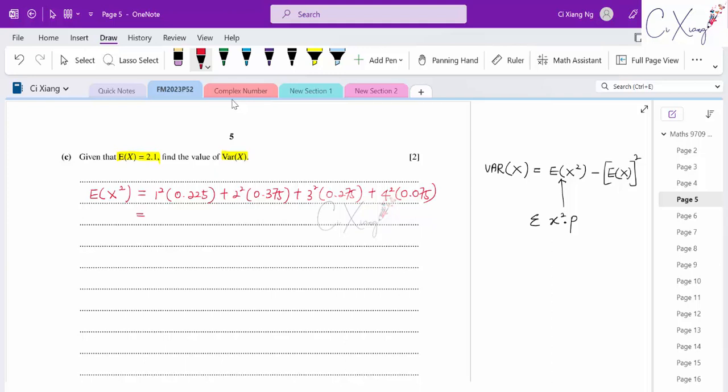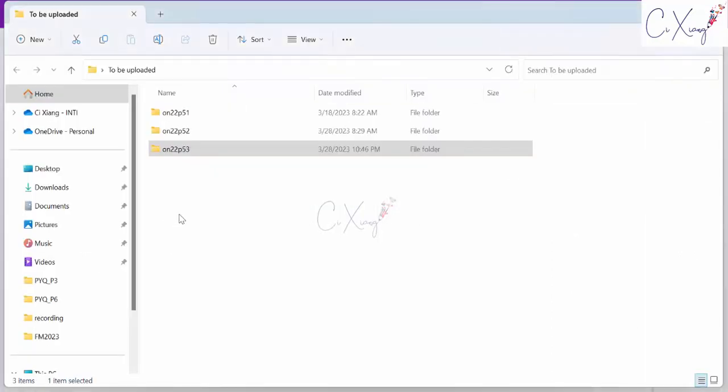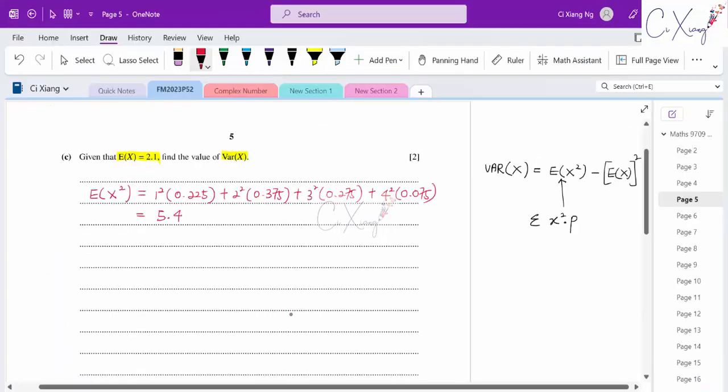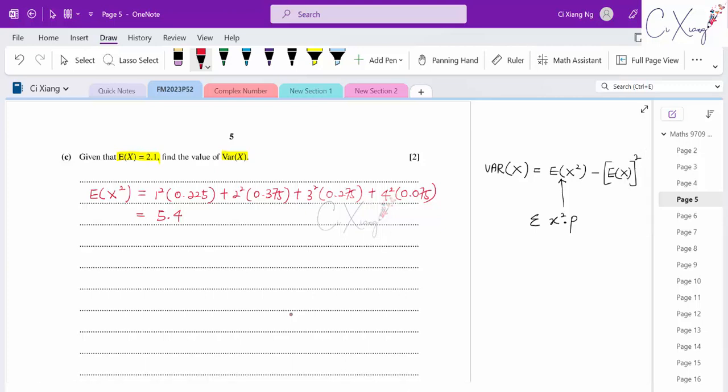If we didn't make any careless mistakes, by right we should get the value 5.4 for the expected value of x squared. Please take note this is not the final answer yet, because it is just the expected value for x squared. So we can continue to calculate the variance of x.